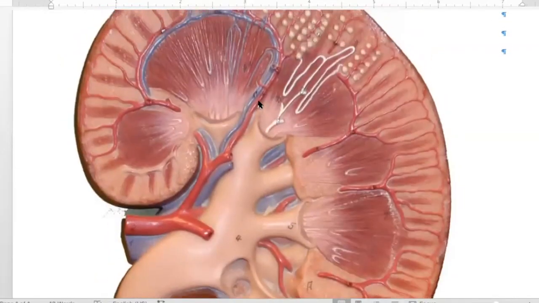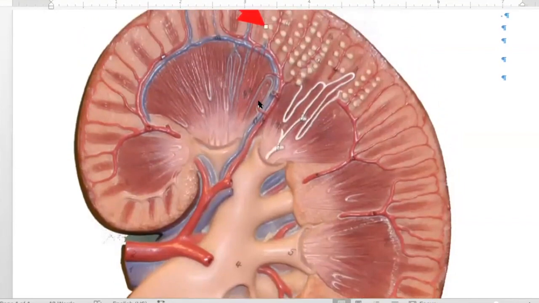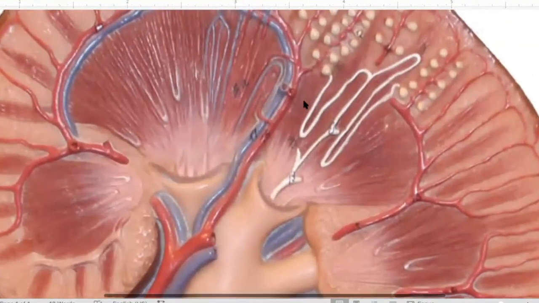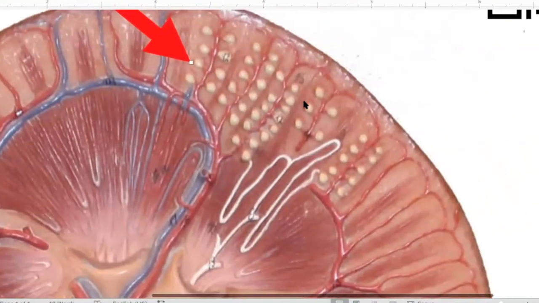But then what I do have on here are proximal convoluted tubules, loop of Henle, and distal convoluted tubules. You can see it here. Here's a glomerulus. And here is a little white tube that comes out. That's called the proximal convoluted tubule.